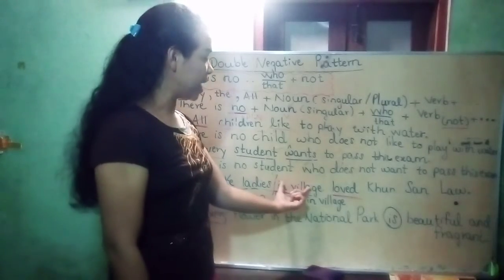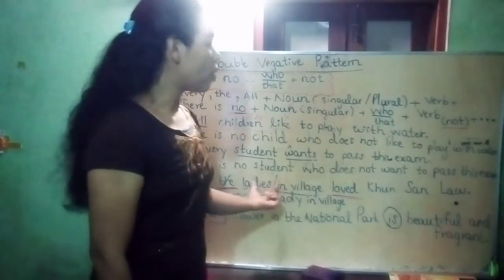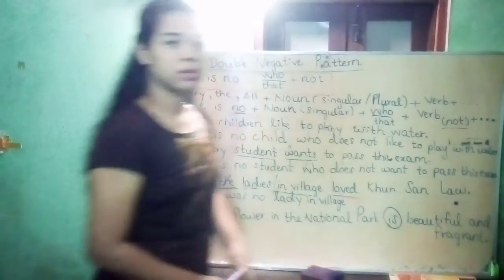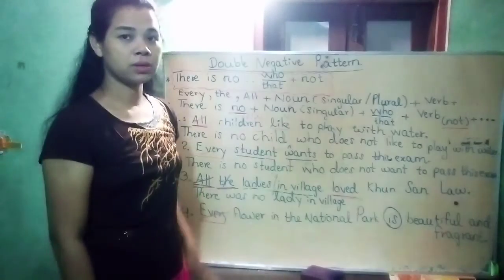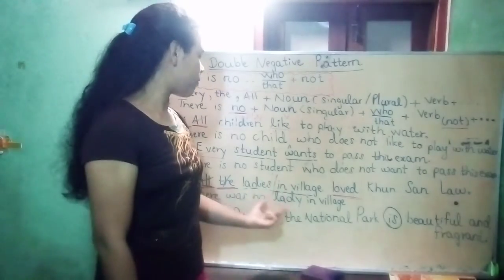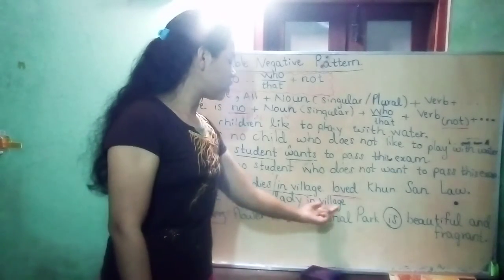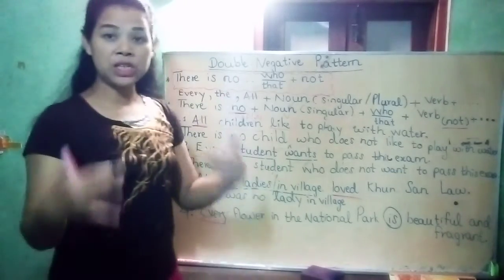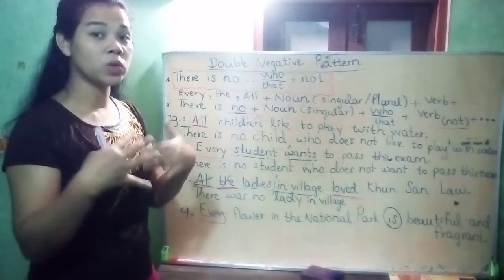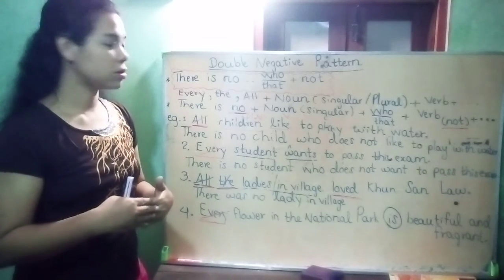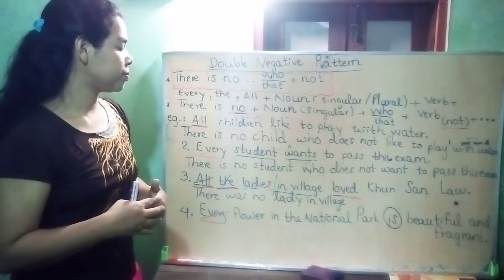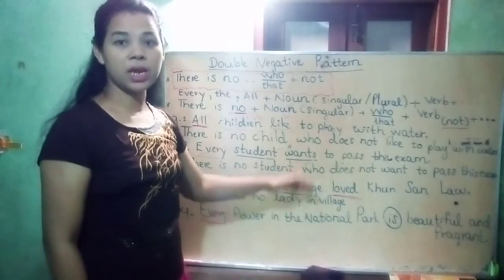If you place in village at the end of the sentence, it is incorrect because in village modifies lady. So lady and in village must be placed closely to each other. If you separate them, it's incorrect.